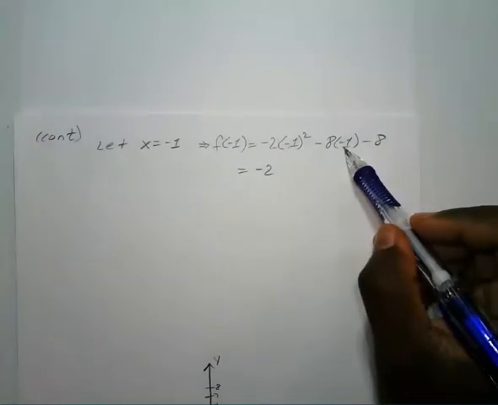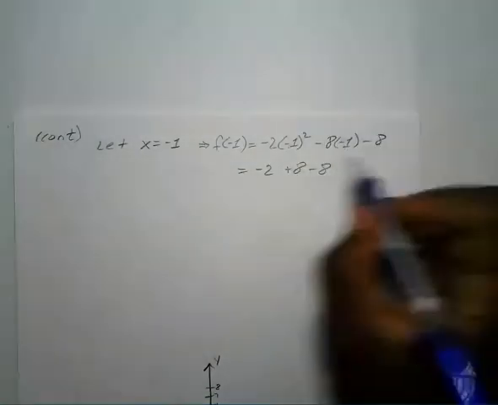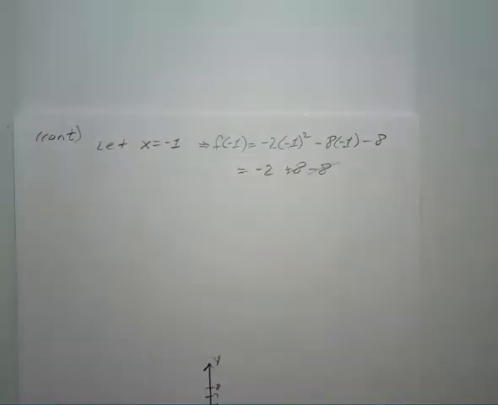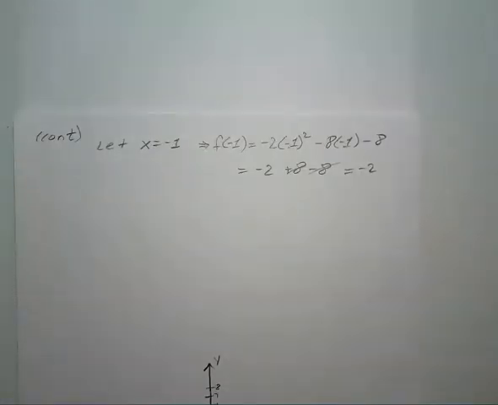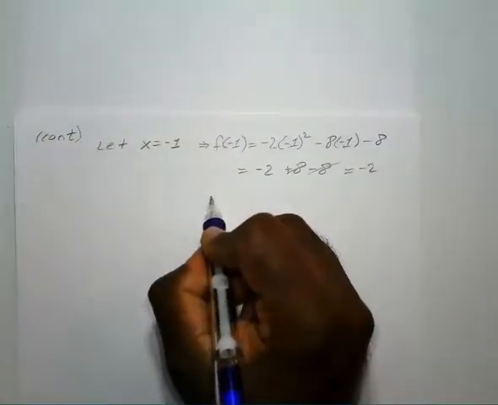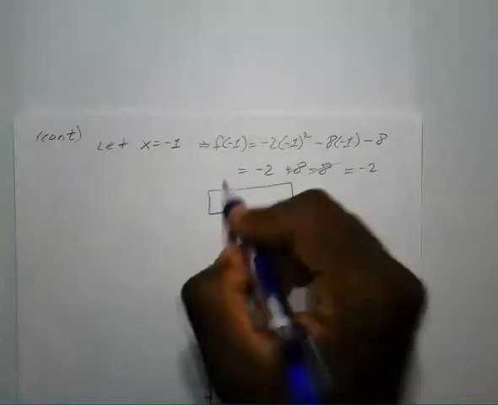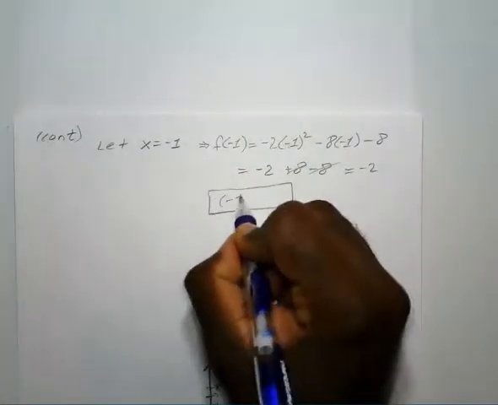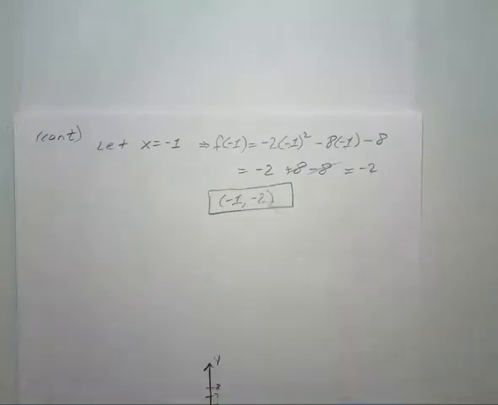Negative 8 times negative 1 is positive 8. Minus 8. Those two cancel each other out. So that equals negative 2. So our second point, when x is equal to negative 1, y is equal to negative 2. Or your f of x is equal to negative 2.